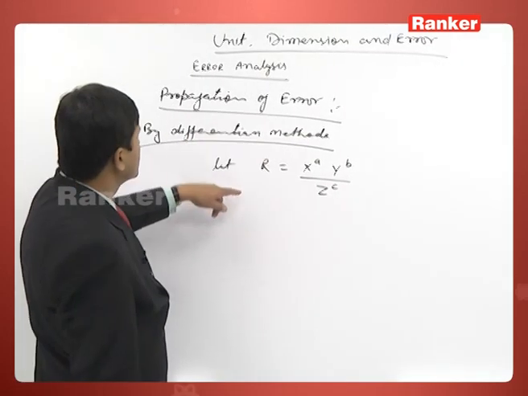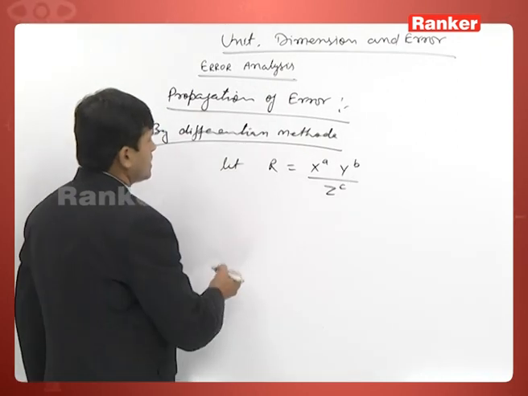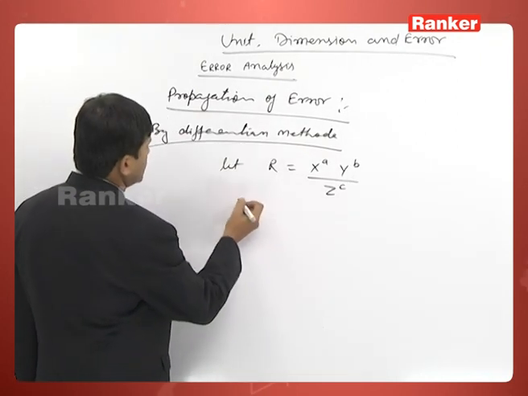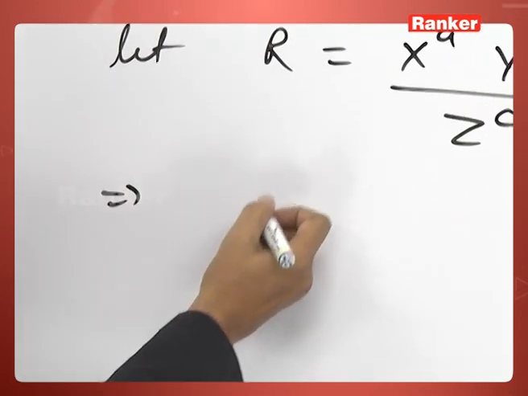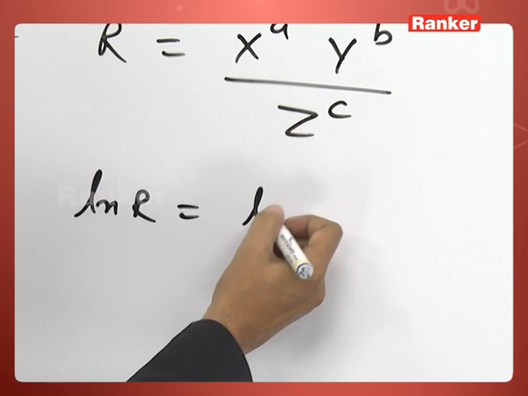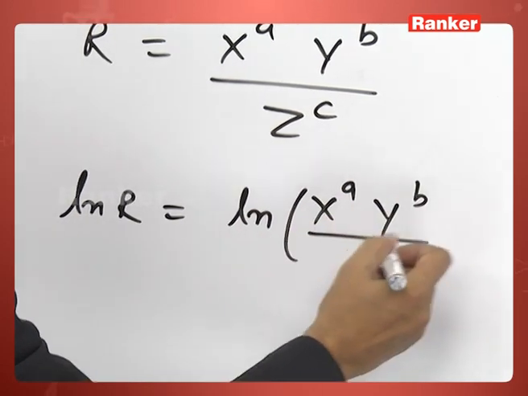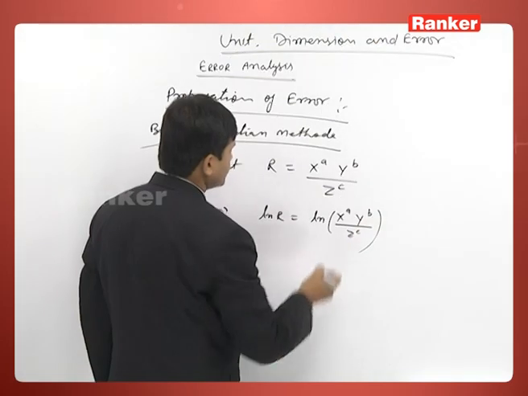Now, if we want to write the expression for this, ln r is ln of x to the power a, y to the power b by z to the power c.